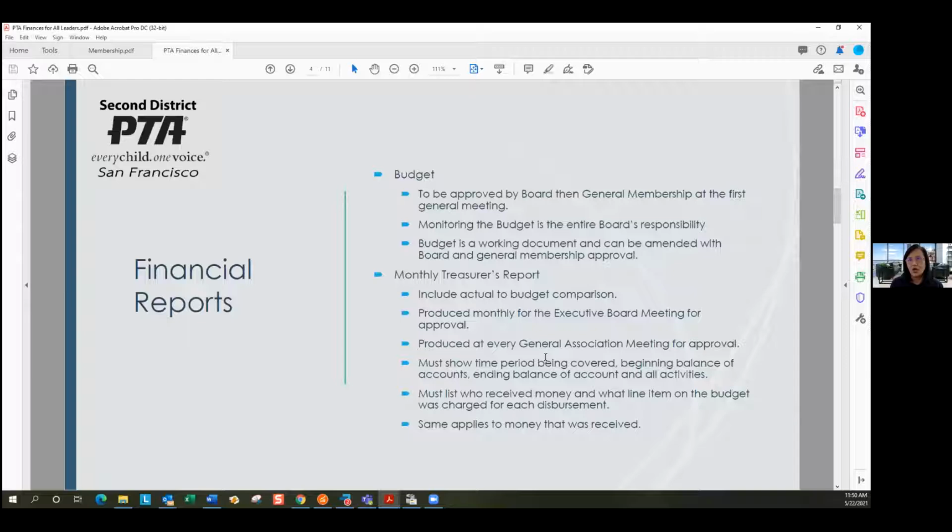It should show the time period from the last meeting to the current meeting, and it should include the balances of the accounts, beginning balance and ending balance, and any activities that occurred during that time period. Also, there should be a list of monies received as well as disbursements, who they were dispersed to and which line item it hit. And then all of these disbursements need to be ratified by the general membership.